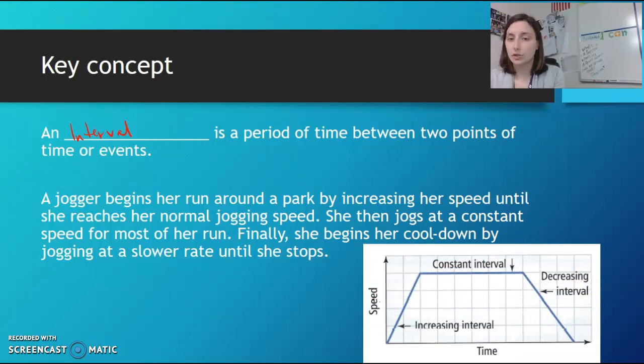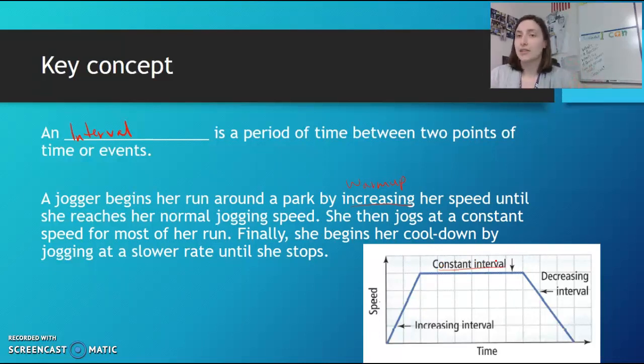So when I look at this graph, I can easily see where she's increasing. So that's this part, where another word for this would be warming up, right? Her warm up, where she increases to her normal speed until she reaches her normal jogging speed, in which that is where she is going to run. So that's going to be constant.